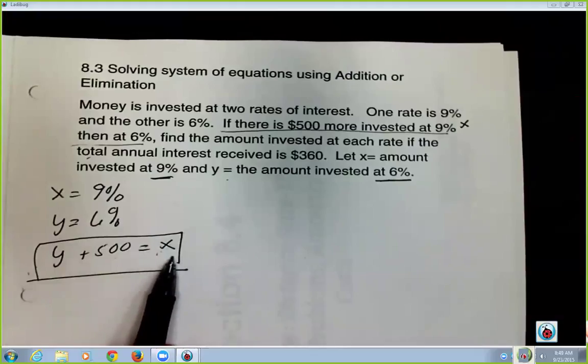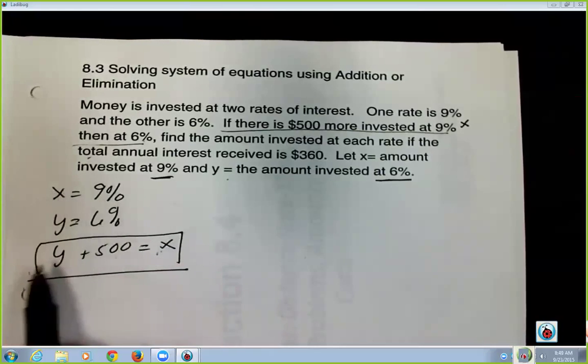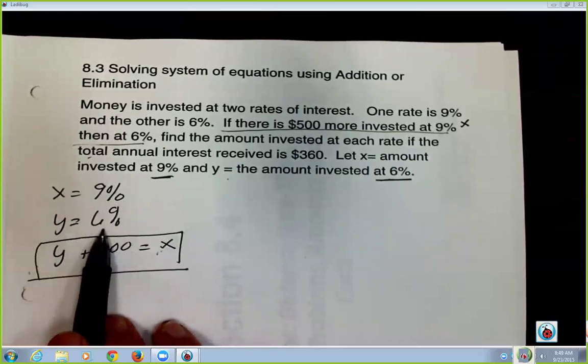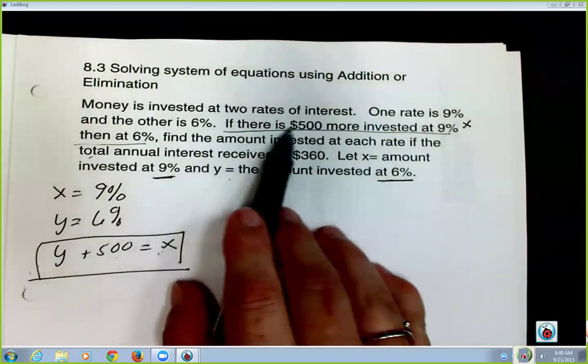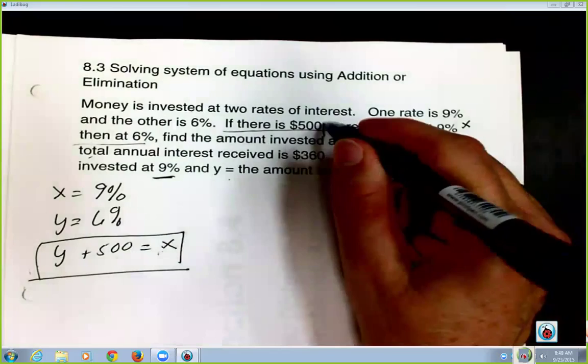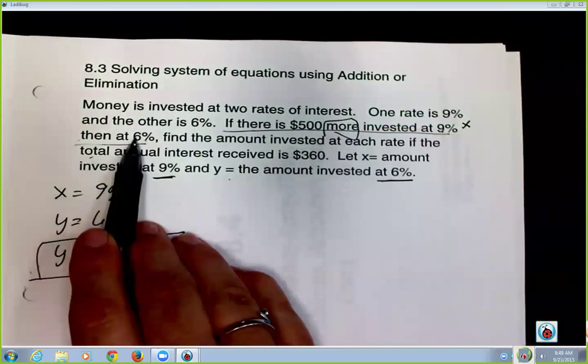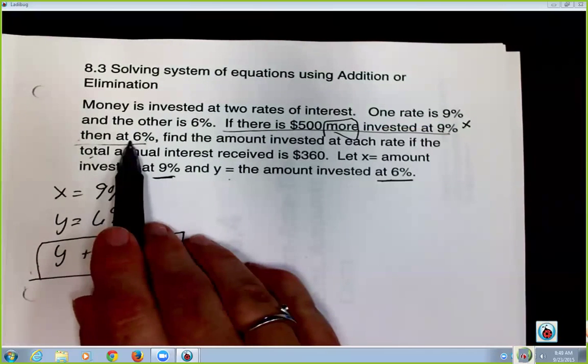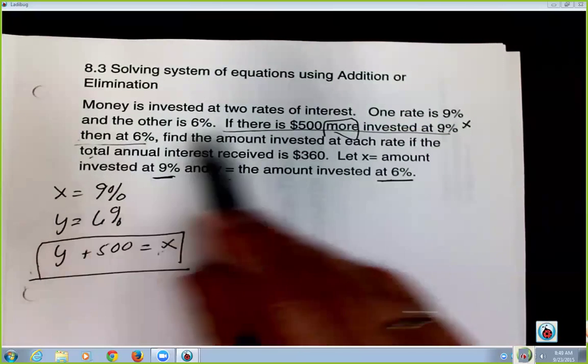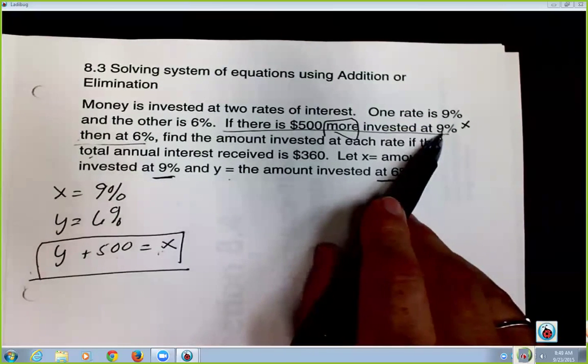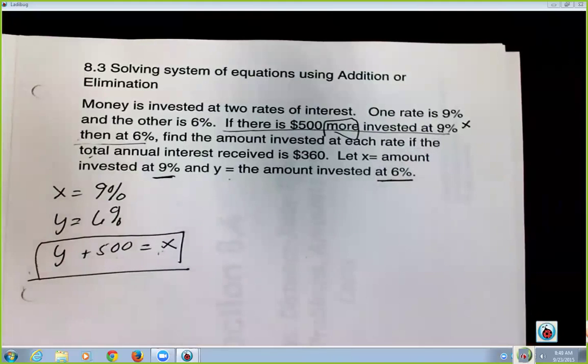Does that help? Because it means you've got more money in X's percent than you had in Y's amount. And because there is 500 more invested at 9% than at 6%, I need to add 500 to the 6% to figure out what X is going to be. Is that helping?